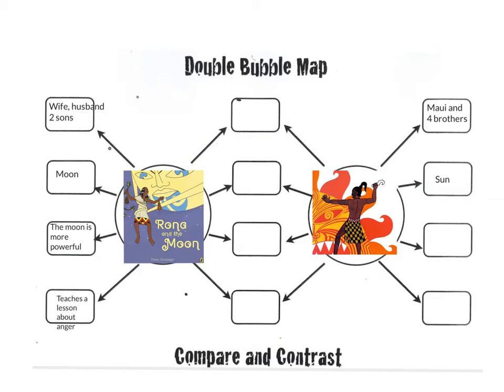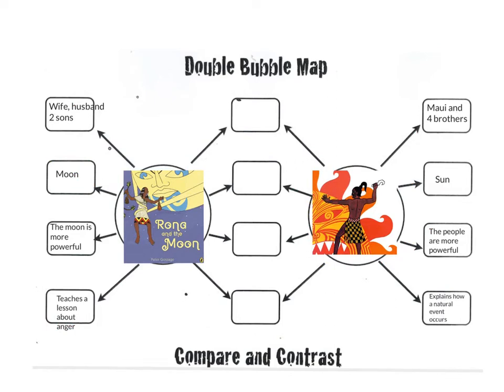And in How Maui Slowed the Sun, the sun was one of the characters, as opposed to Rona and the Moon, where the moon was one of the characters. In the story of How Maui Slowed the Sun, the people were more powerful than the sun, as opposed to Rona and the Moon, where the moon was more powerful than Rona.